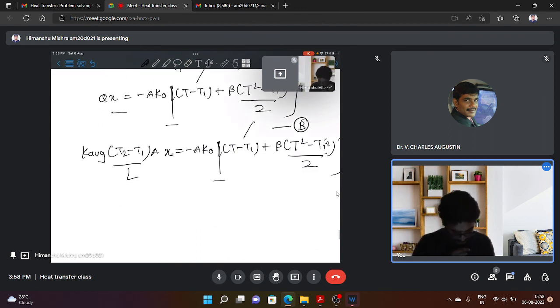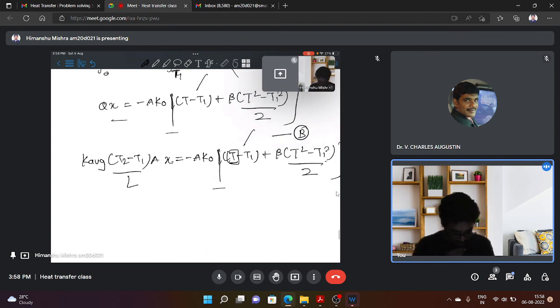And then we can solve for this T, which is the distribution of temperature in the slab. So we need to find the T here.